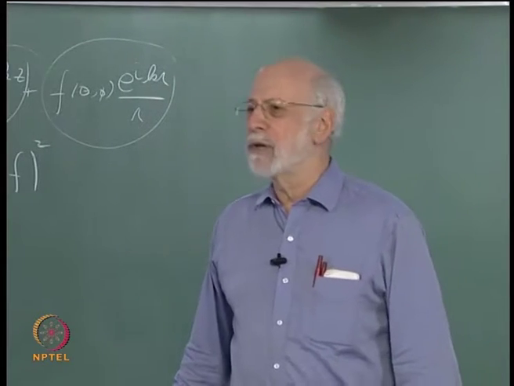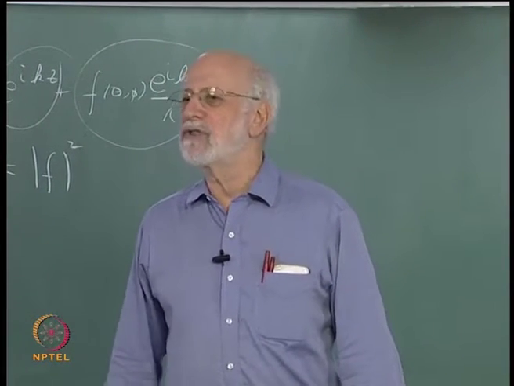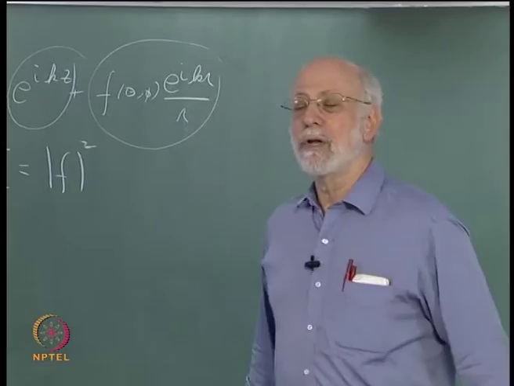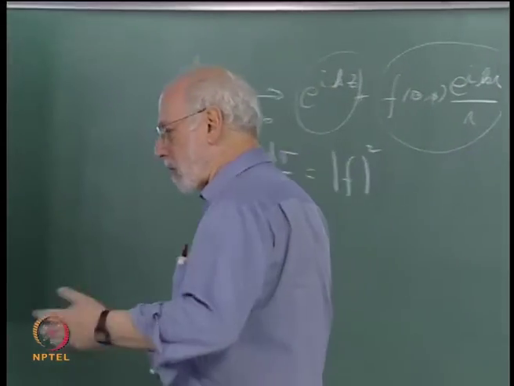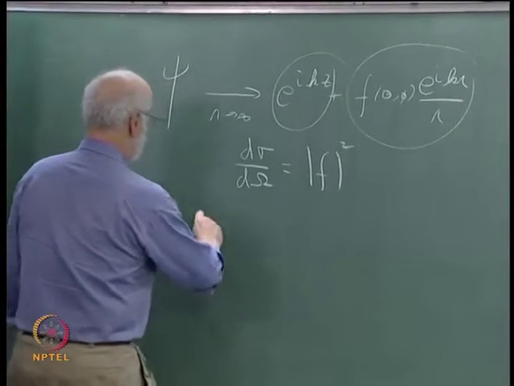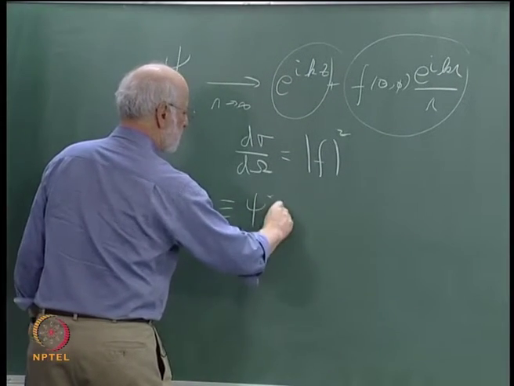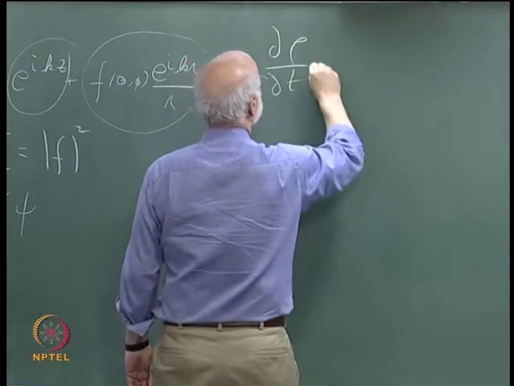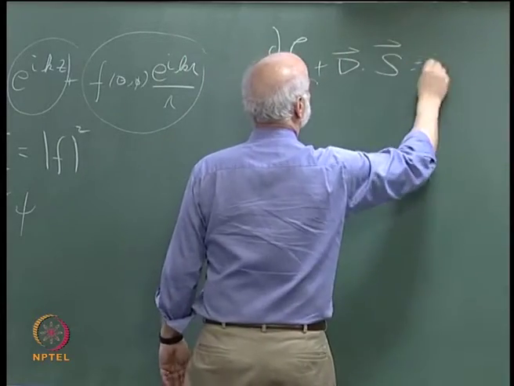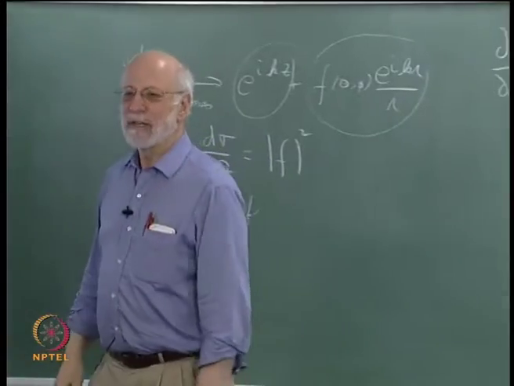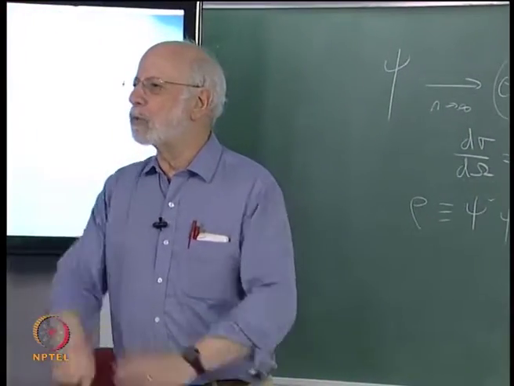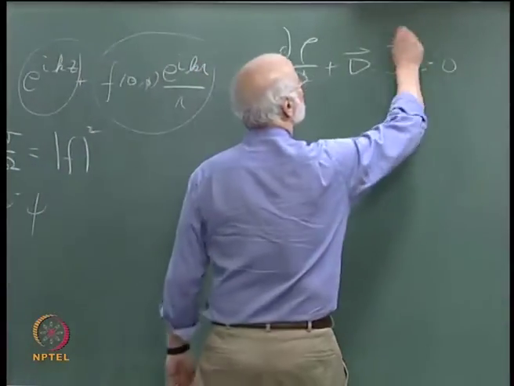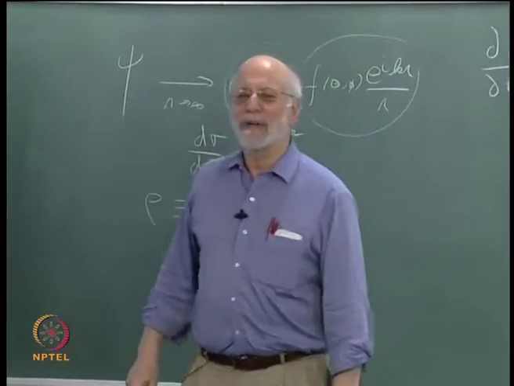It relates the time derivative of psi star psi, which is the probability per unit volume, to the probability current density. Actually, if I call rho as psi star psi, then d rho dt plus del dot s is equal to 0. That just says that the total probability over all space remains constant. That's all that is. But this thing here is the so-called probability current density.